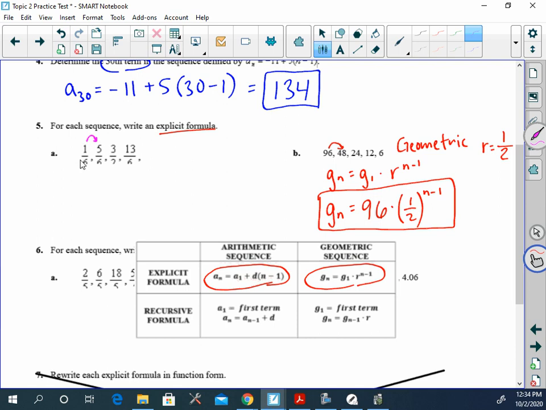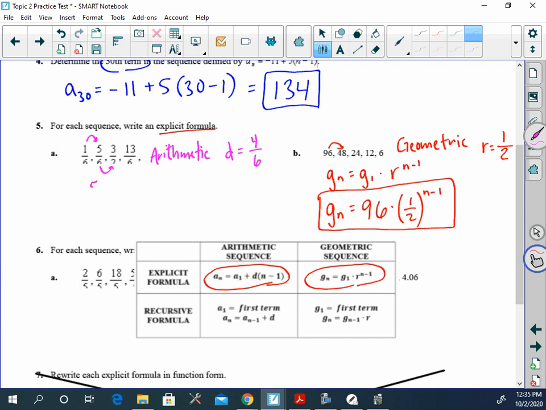So if I have 1/6 and I add 4 more sixths, I'm going to have 5/6 total. So I'm thinking if it's arithmetic, and I'm not sure if it is yet, that my common difference is going to be 4/6. So 4/6 is the same as 2/3 if you reduce that down.